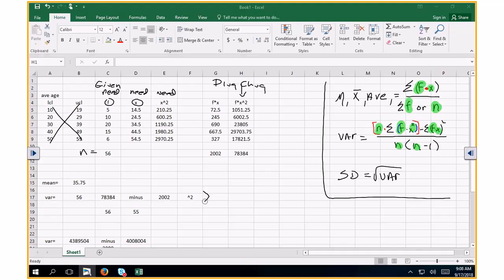Now what are you doing here? Are you calculating? No, you're plugging and chugging. You're plugging into the formula. And then after that, that's when you start calculating. If you try to start calculating it before, you're going to get messed up.